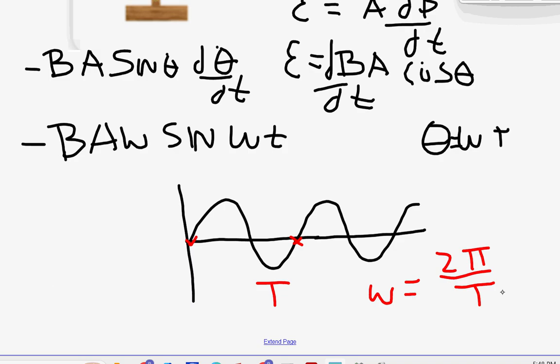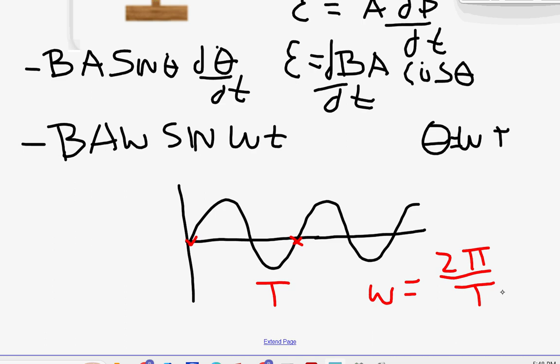So that's pretty much what we're dealing with if you rotate something inside of a magnetic field. Now, you could change the area of this if it was a flexible ring or whatever you want to call it, and then you would have B times dA dt if that were to happen.